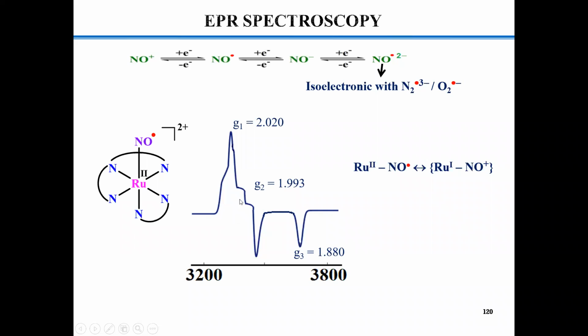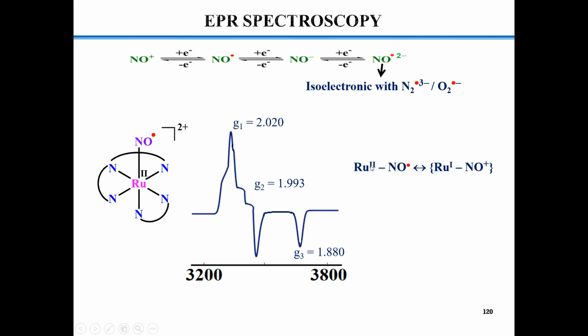Now, what does this axial EPR mean? It means that this is the major configuration of this particular molecule, not necessarily 100% configuration. That is the delicate issue as far as the electronic structure is concerned. So the metal involvement in the EPR of this molecule could only be interpreted by its resonating electronic configuration instead of a single precise configuration.